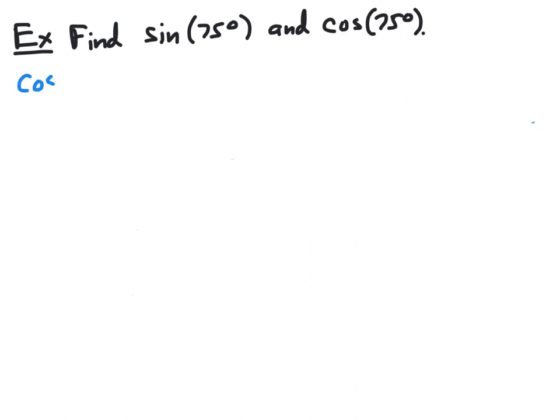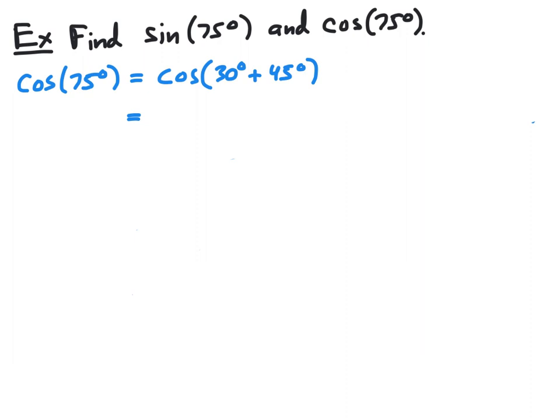To find the cosine of 75 degrees, we're going to follow an extremely similar strategy and just use the sum formula for the cosine function instead of the sine function. So again, the cosine of 75 degrees we can think of here as cosine of 30 degrees plus 45 degrees.